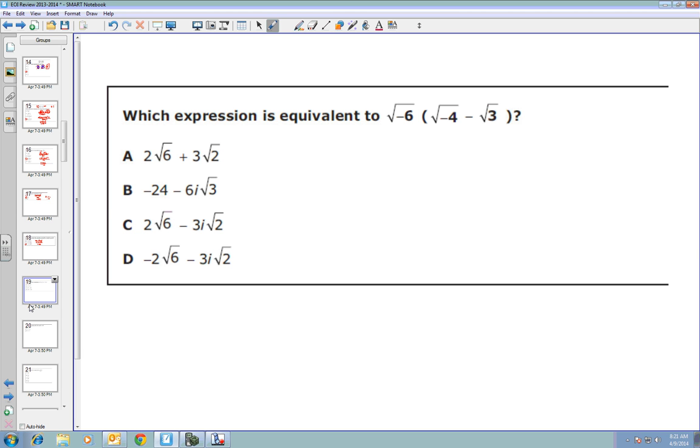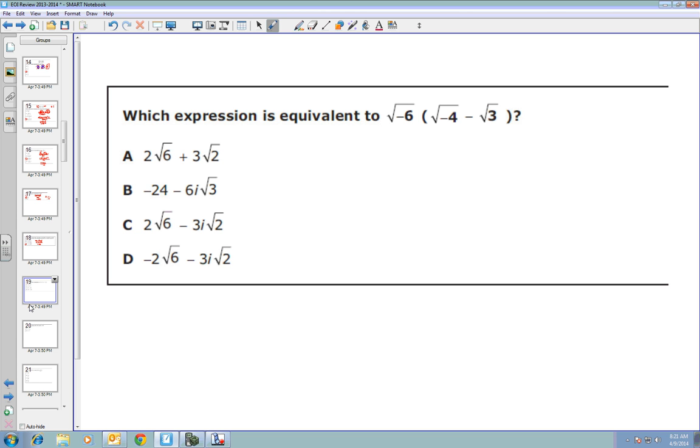And the reason it's a non-real answer is because of the negatives underneath the square root. So that's why sometimes I problems you can put in your calculator. This one you can't. So we're going to have to work this one out.